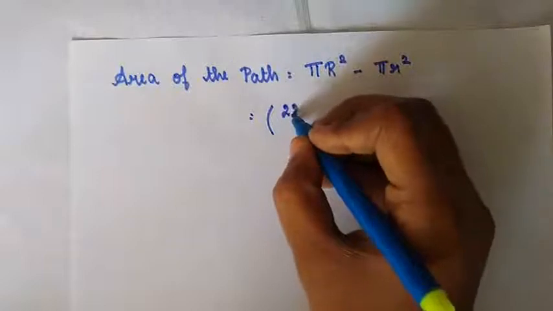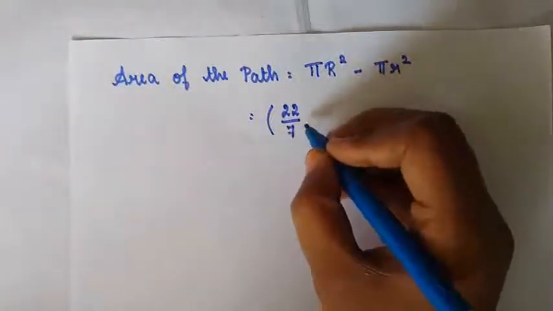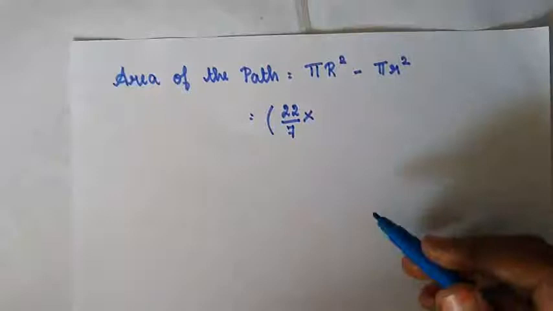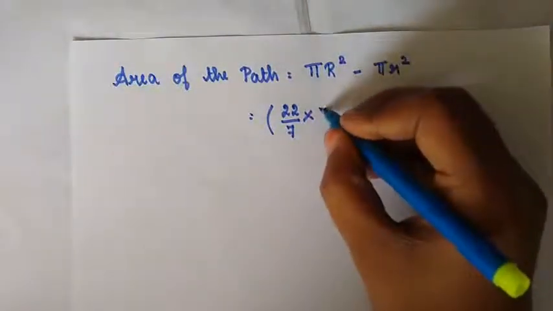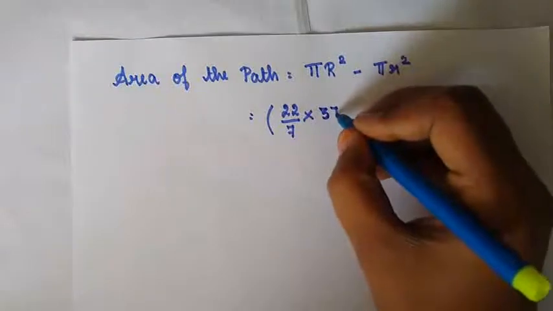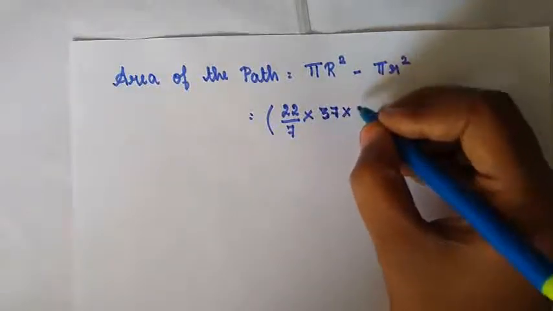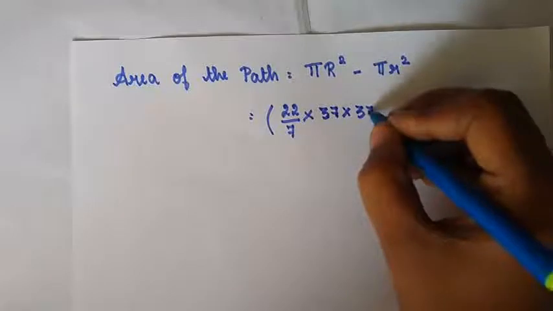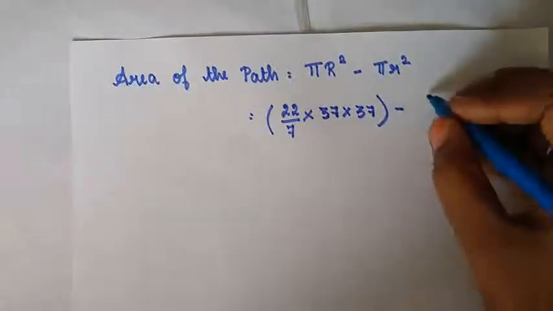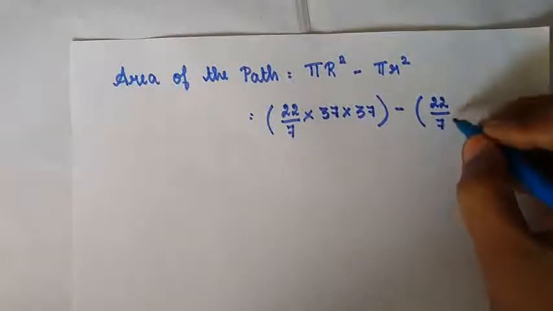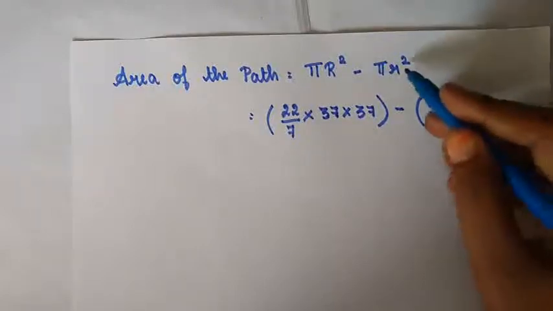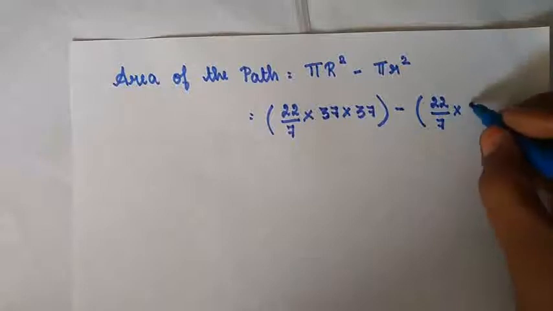What is the value of pi? 22 by 7. What is the radius of the bigger circle? 37. So here r square, so we have to write 22 by 7 times 37 squared minus 22 by 7. What is the radius of the smaller circle? 33.